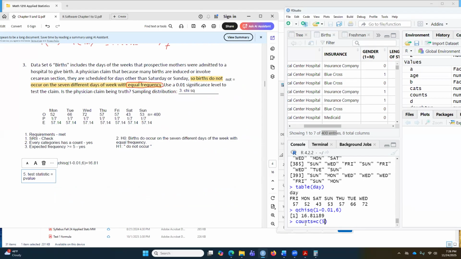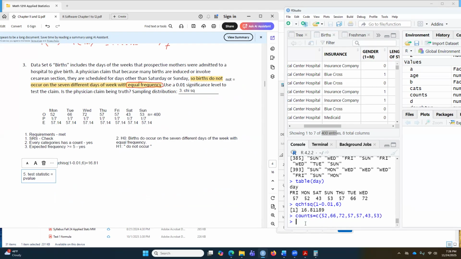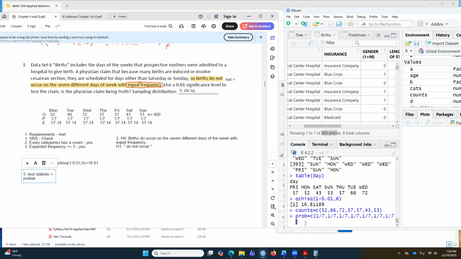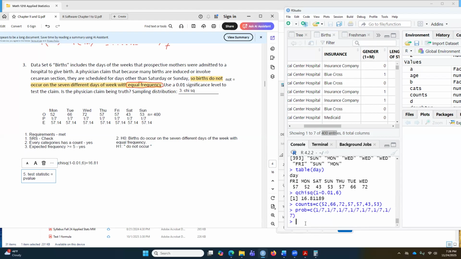But I would just say, just type it in: 52, 66, and so on, 1, 2, 3, 4, 5, 6, 7. Probability equals c of 1/7 across, 7 times: 1, 2, 3, 4, 5, 6, 7.